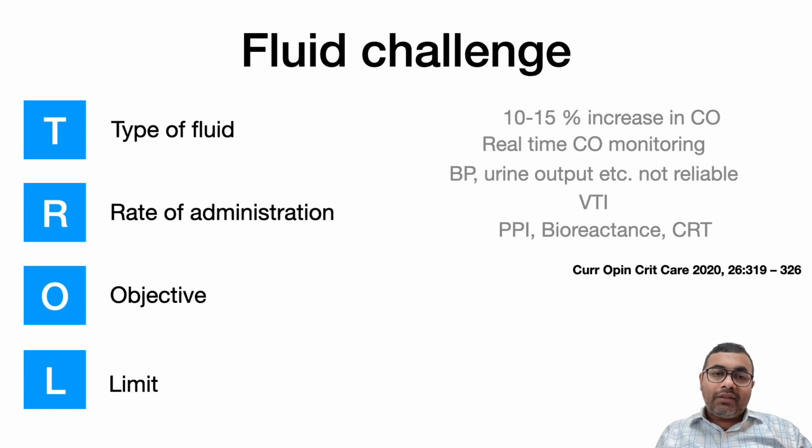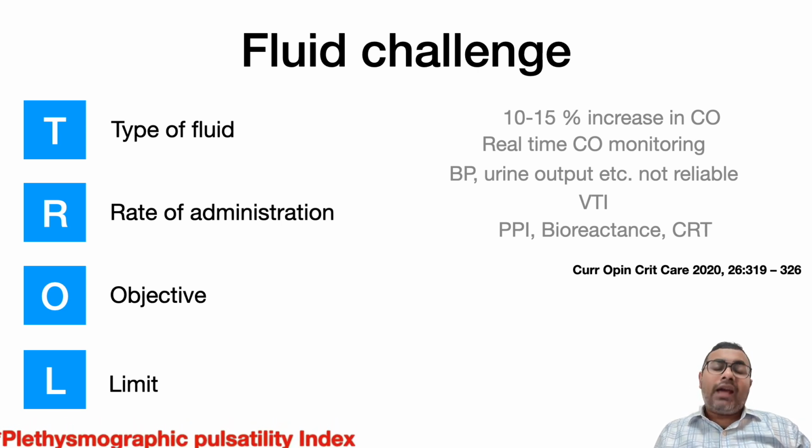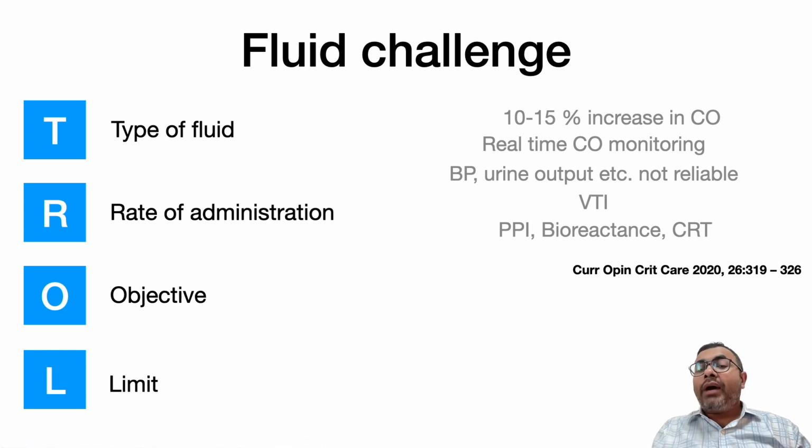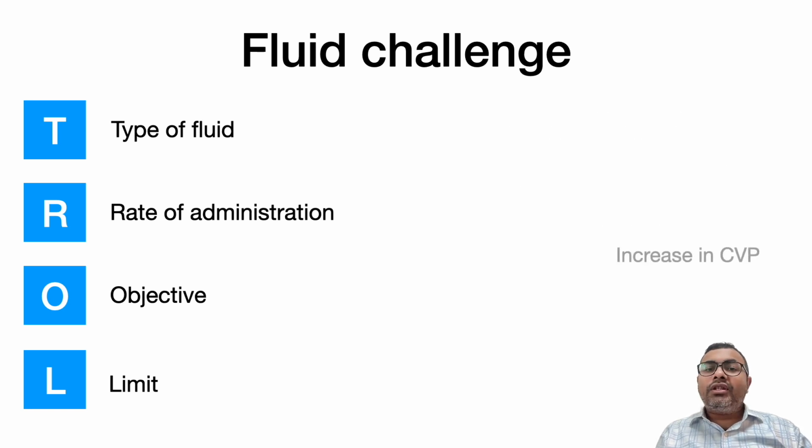Some other non-invasive methods have been proposed. These are the changes in capillary refill time, the changes in peripheral pulsatility index, and use of the bioreactance method of measurement of cardiac output. The limit used is usually central venous pressure, which is a surrogate of the left ventricular filling pressure.